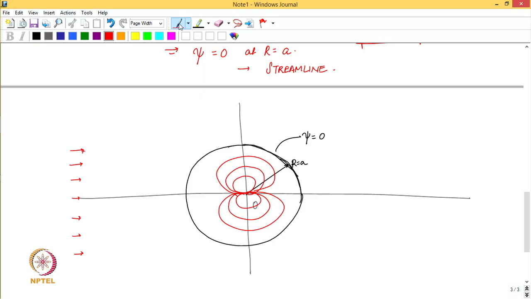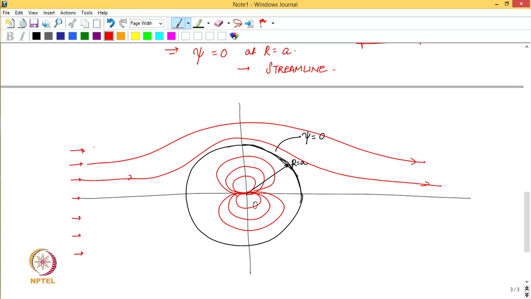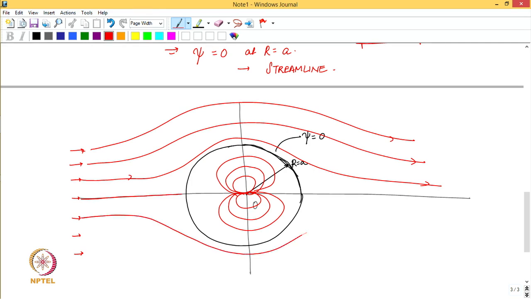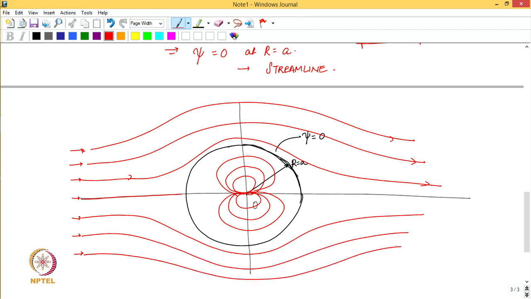What I mean by that is that uniform flow that starts from outside this cylinder remains confined outside the streamline, the streamline which starts outside this surface psi equal to 0 remains confined outside, and the doublet remains confined to this region only, within the cylinder.